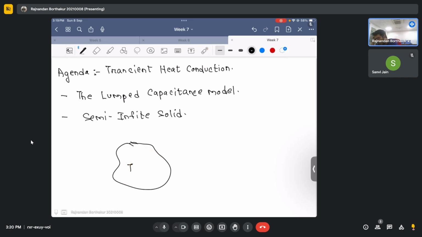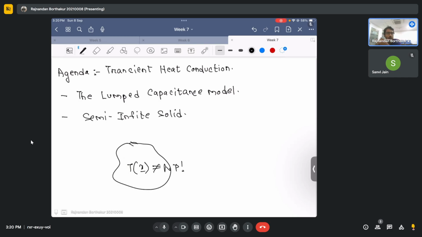That means T is not a function of x. That means we have simplified our temperature field, saying that throughout the body the temperature is uniform at any instant.